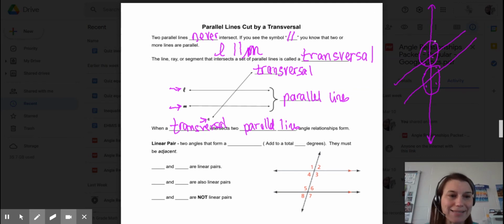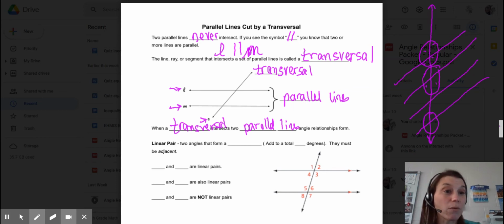They're like the exact same. And if I had more parallel lines that intersected this transversal, it would make more angles, and all of those angles would be identical to the ones above it. You almost could slide them up and they would be the same shape and the same size. That means they'd be congruent. So we're going to talk about that relationship and what that means for the angle measures. But let's start with something we already know.